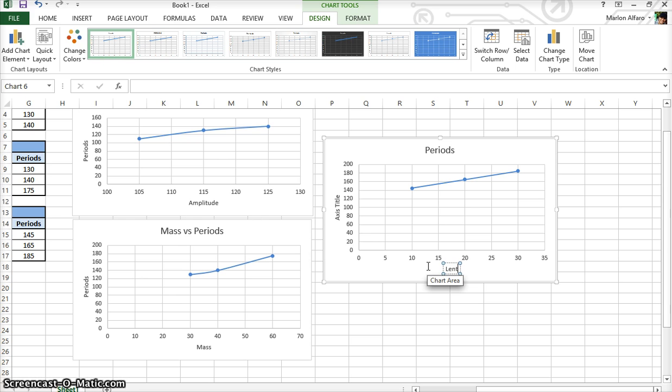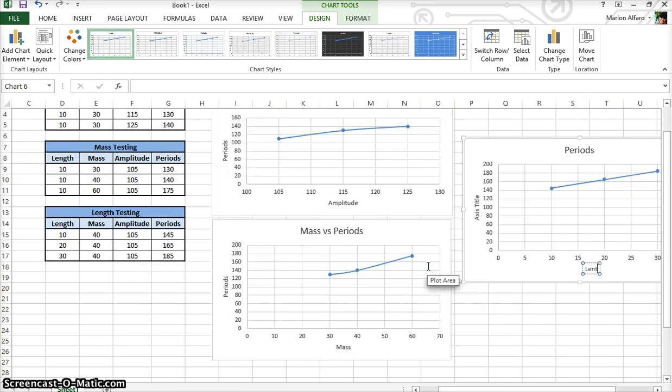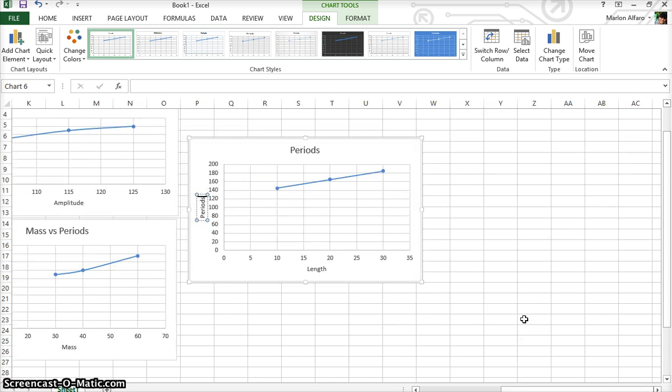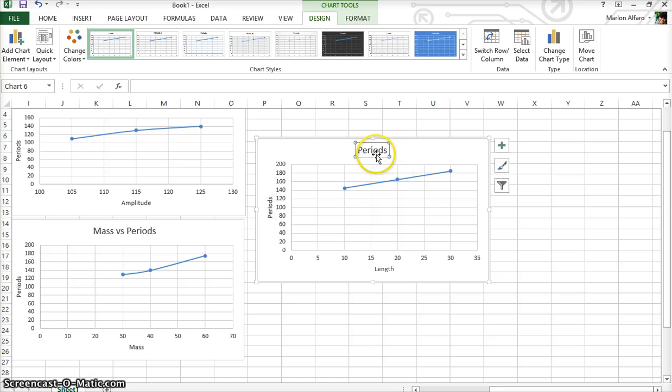So my x-axis is length, and then my y-axis is periods, and I'm going to title this length versus periods.